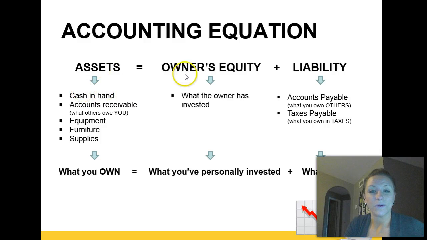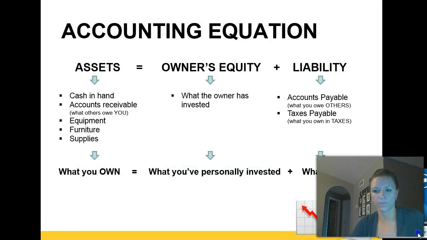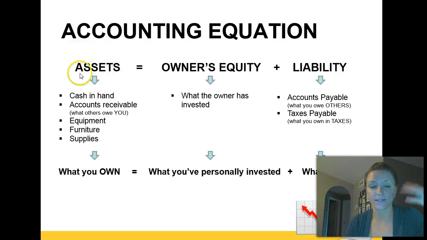Assets equals owner's equity plus liability. So every business transaction that we work with is going to affect this equation in some way. What we need to always do, though, is make sure that it's always balanced, meaning that this side of the equation equals this side of the equation.